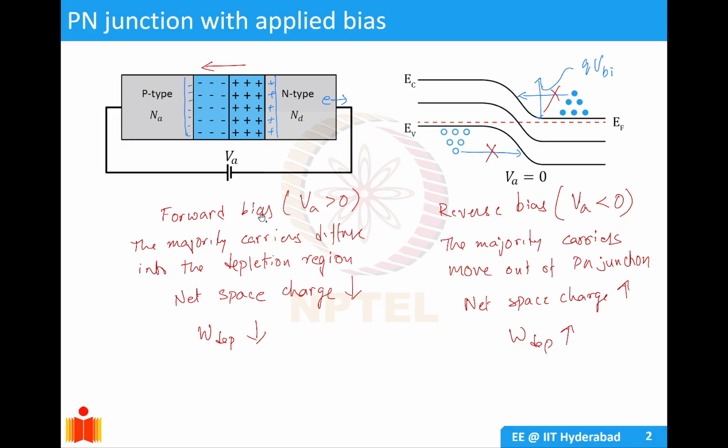So what happens in forward bias is that the majority carriers diffuse into the depletion region, and due to that the width of the depletion region reduces, and hence there is a net flow of current.